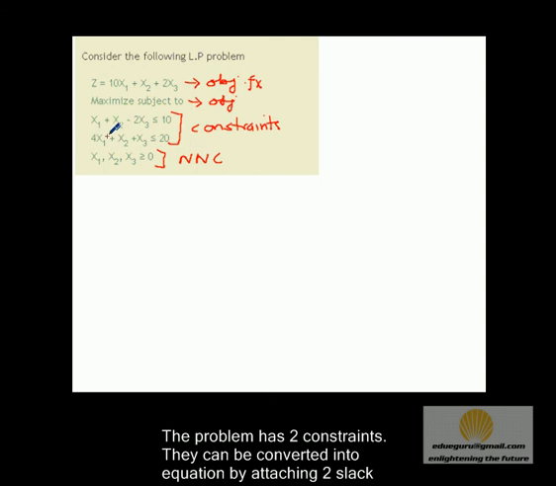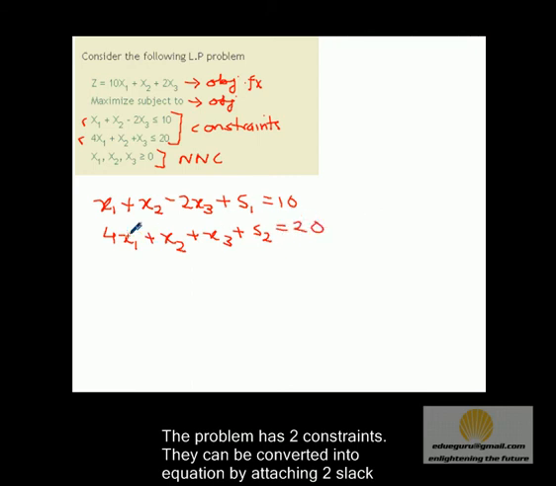So insert the slack variable to x1 plus x2 minus 2x3 plus s1 is equal to 10. For the second equation we have 4x1 plus x2 plus x3 plus slack variable s2 equal to 20.